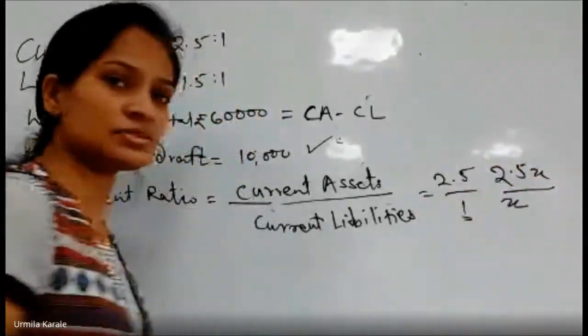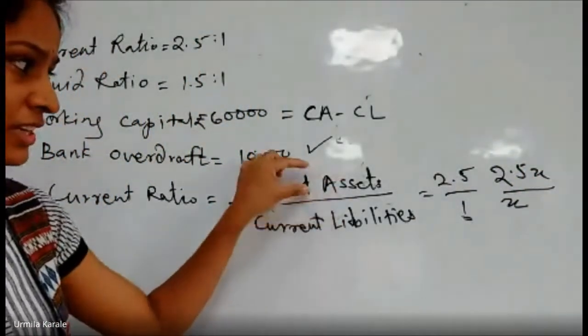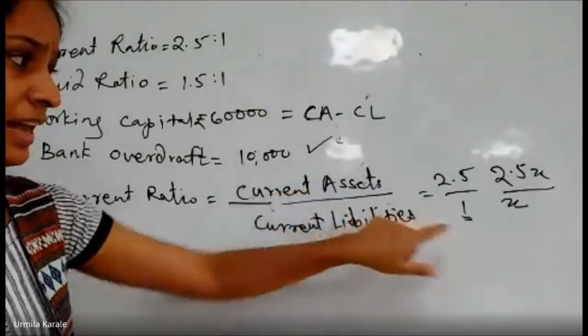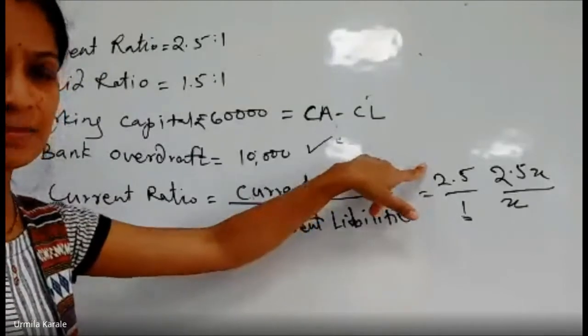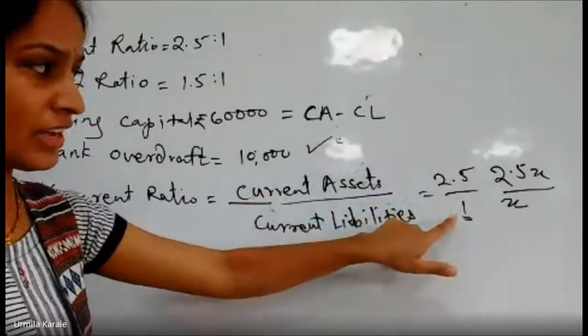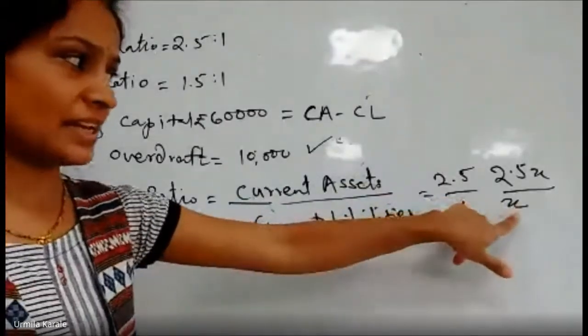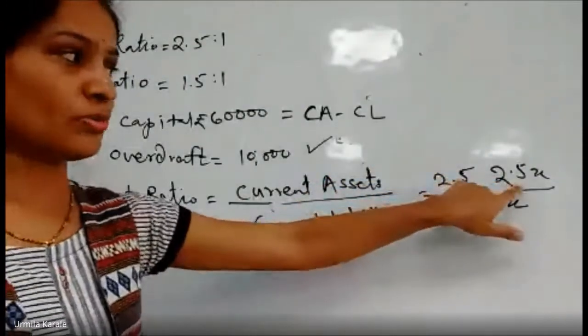Have you understood what I have done? Since they have given you the ratio of current assets and liabilities, liability is 1 and this 2.5 times is your current assets. So whatever is this 1 current liability we are turning this as x, and then this becomes 2.5 times more, means 2.5x.